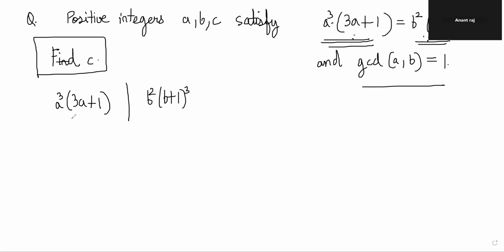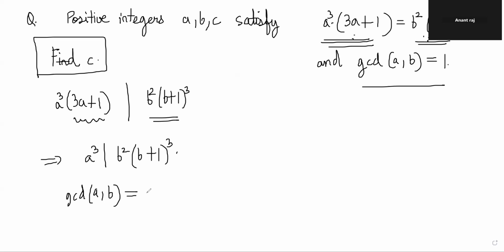Obviously, since 3a plus 1 and b are co-prime, they are relatively prime because a and b are relatively prime, we can say from here that a cube divides b square into (b plus 1) whole cube. Okay, and we know that GCD of a and b is 1. So that means a cube cannot divide b square, right?